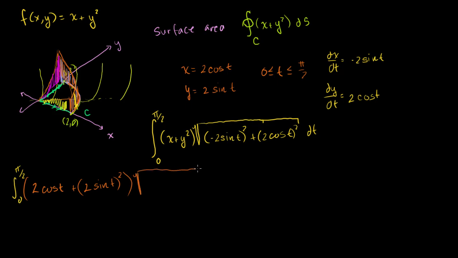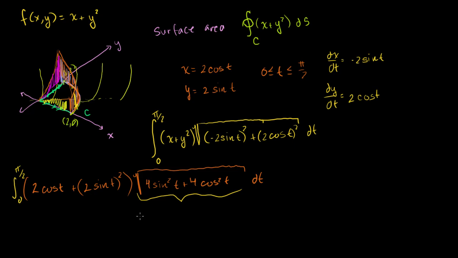Right now it looks like a hard antiderivative or integral to solve, but I think we'll find out it's not too bad. This is going to be equal to 4 sine squared of t plus 4 cosine squared of t. We can factor a 4 out. Now we don't want to forget the dt. This over here, let me just simplify this expression so I don't have to keep rewriting it.